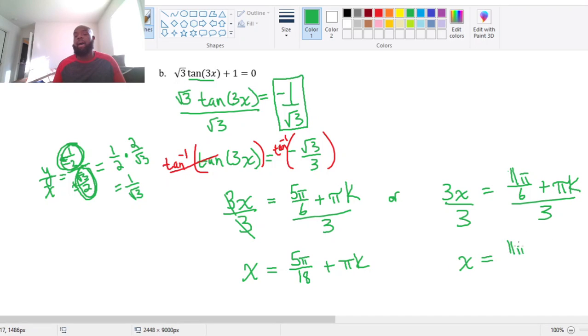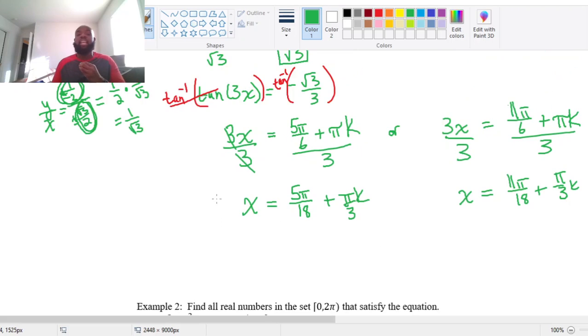This is 11 pi over 18 plus pi over 3 times k, right? Since that's a plus sign, both of these terms must get divided by 3, right? So I get 11 pi over 18 plus pi over 3 times k, and I left that off over here, pi over 3 times k, right?